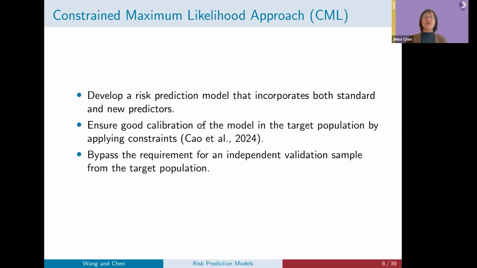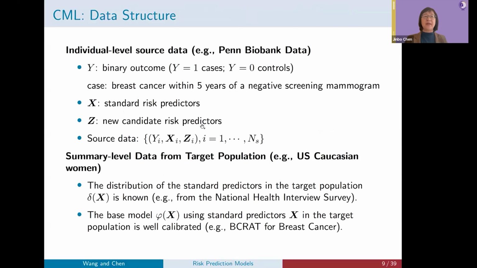We wanted the developed model to have good calibration in the target population of interest. Because we don't have access to an independent validation data set, ensuring good calibration by this method would bypass the requirement for an independent validation sample from the target population.